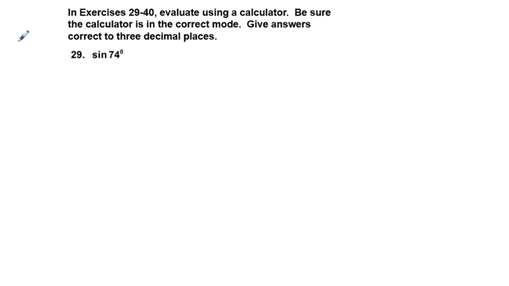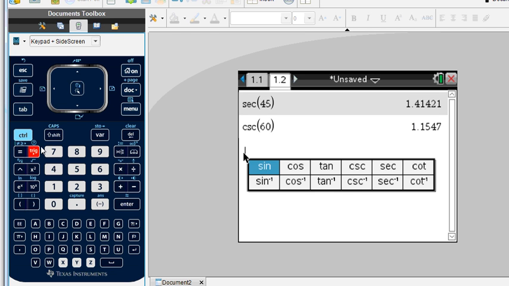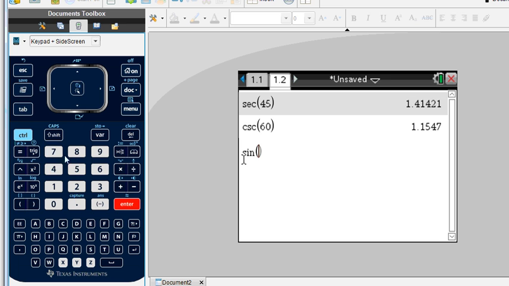Next set, exercise 29 through 40, evaluate using a calculator. Be sure the calculator is in the correct mode. Well, we already did that prior to this video lesson. The first one we have is sine of 74 degrees. Already understanding that we are in degree mode, we just go to sine of 74 degrees, and it says to 3 decimal places.